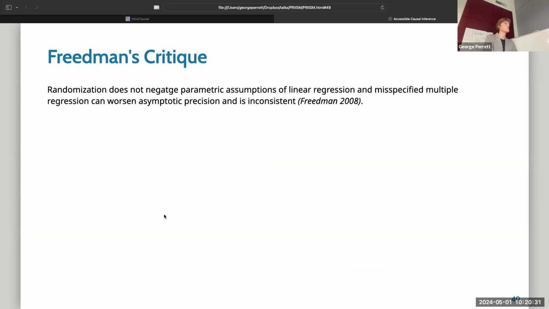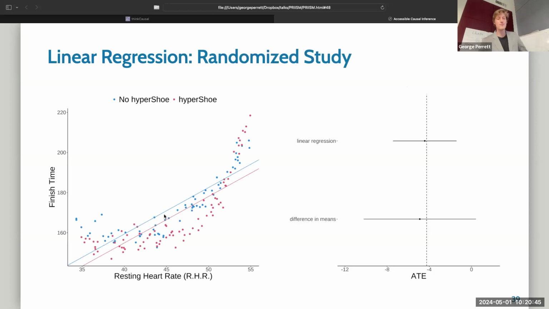Now, something that's worth discussing is that Friedman made a claim in 2008 that it's not universally true that linear regression, even when it's misspecified, is going to give us more precision. And I should go back and say, this model is still really misspecified. We're still not accurately modeling the response surface, but because this is a randomized study and we have balance between the groups, it's going to be okay, is kind of the conventional wisdom.